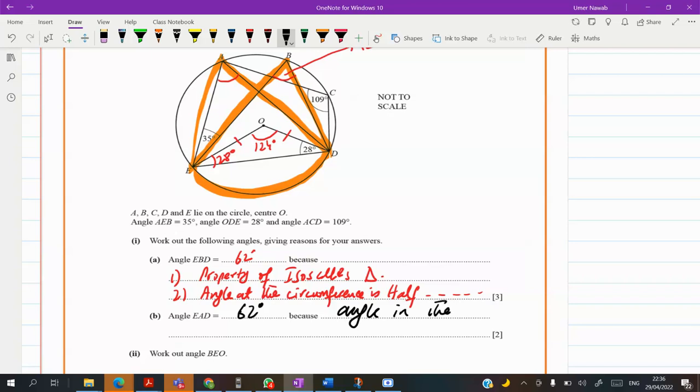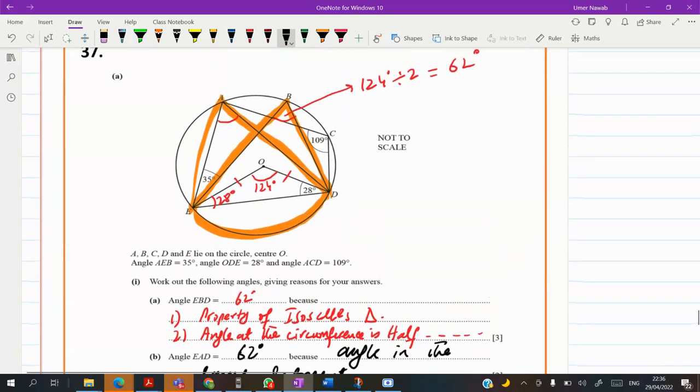Angle in the same segment. BEO. Okay, let's see. How can I find it? This is 62. And we want to find this angle. Cyclic quadrilateral property, 180.